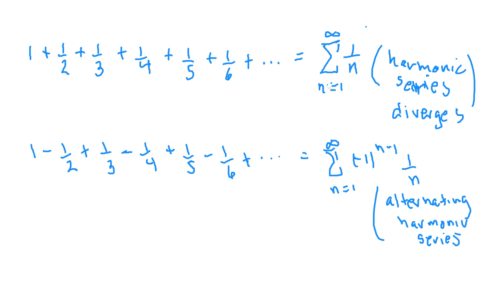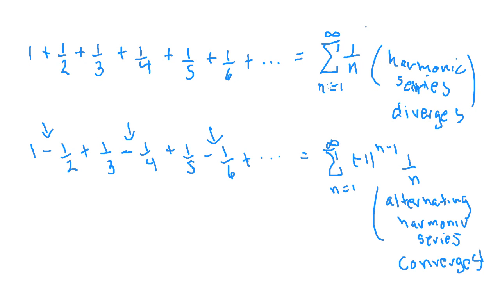And an alternating harmonic series actually converges. So the fact that some of the terms are negative affects the series and the fact that it will converge. This is a fascinating idea here.